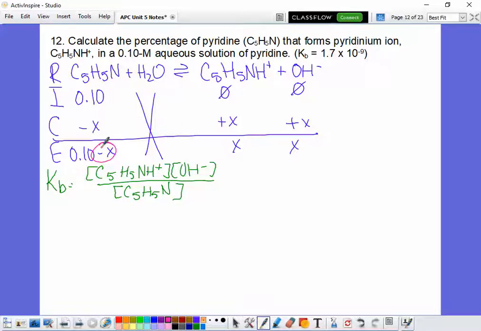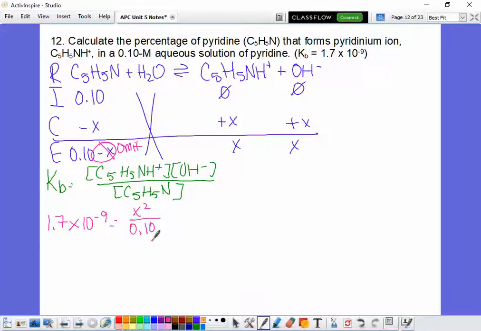Did you check it? You did 0.1 over the Kb. Yeah, way greater than 400, right? So yes, we can omit that, or we can say it's negligible, however you want to say it. So 1.7 times 10 to the negative 9 equals x squared over 0.10.